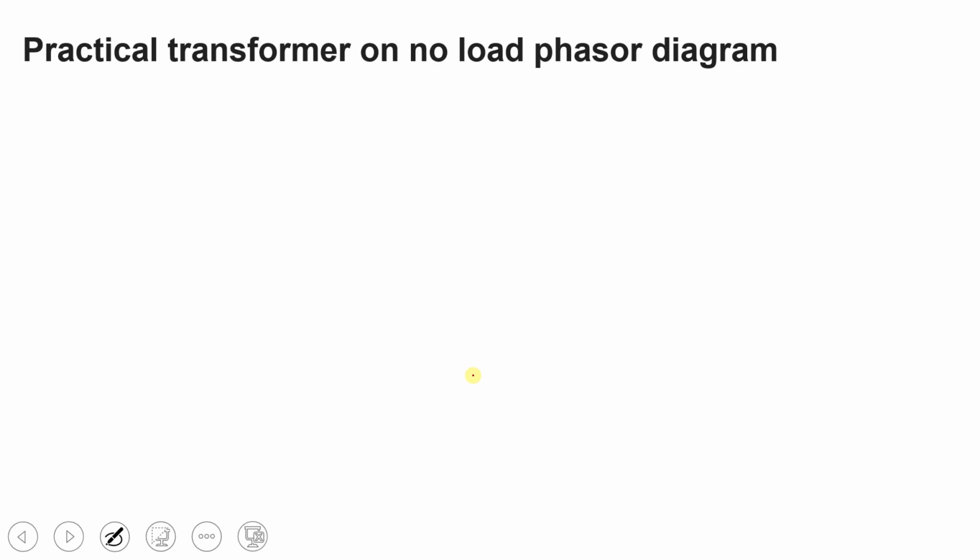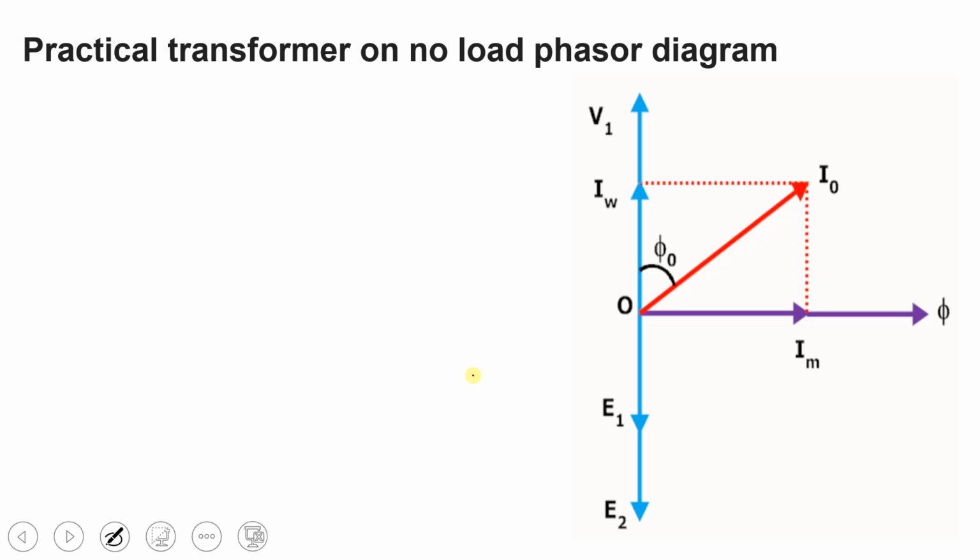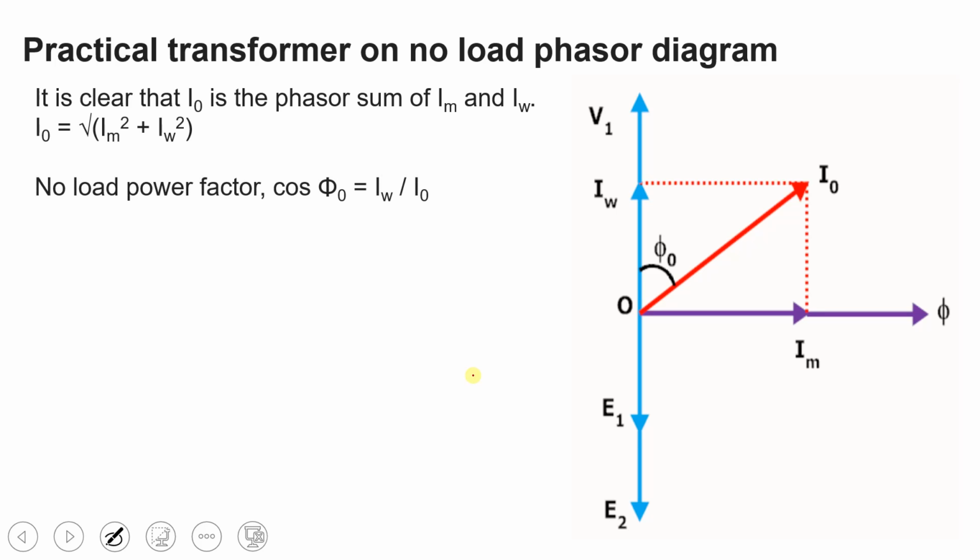Practical transformer on no load phasor diagram. This shows the phasor diagram of the practical transformer. Now look into this. IM is in phase with phi, and the current I naught is divided into two parts, IM and IW.